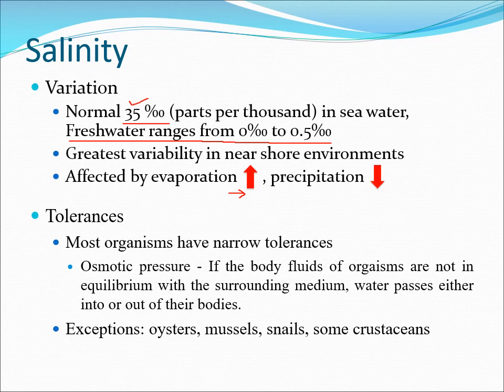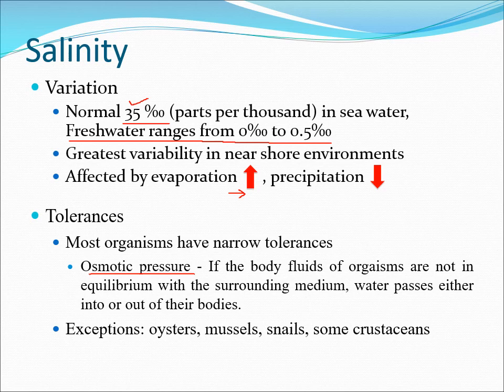So with this changing chemical condition because of the salinity change, organisms' body fluid pressure, that is the osmotic pressure of the body fluid of an organism, sometimes cannot cope with the changing salinity conditions.